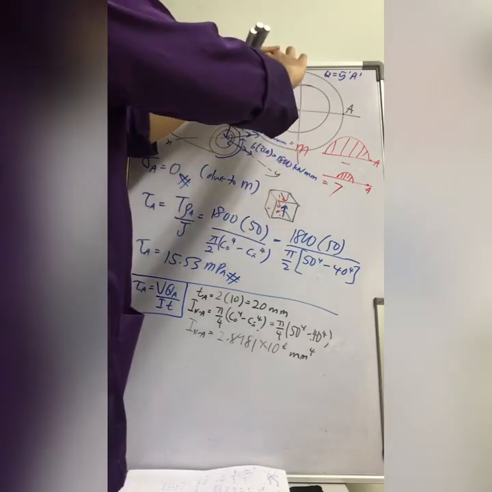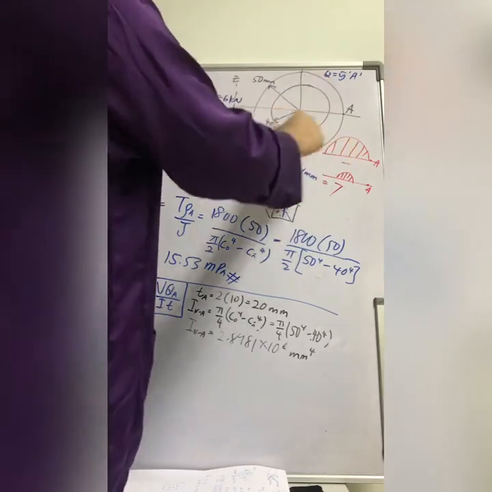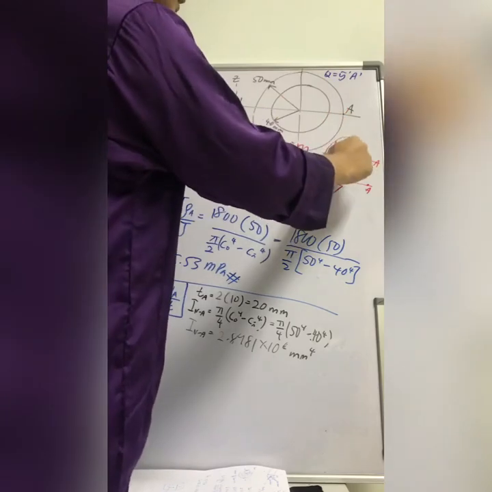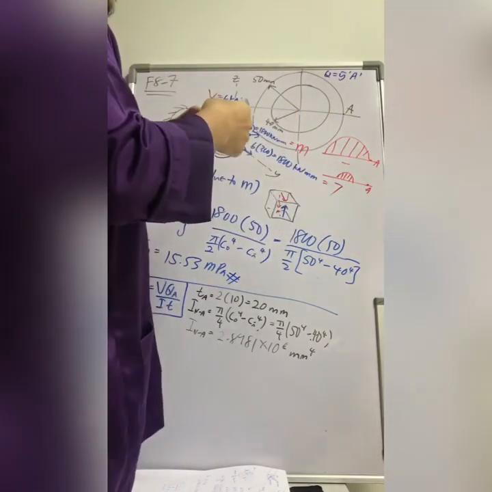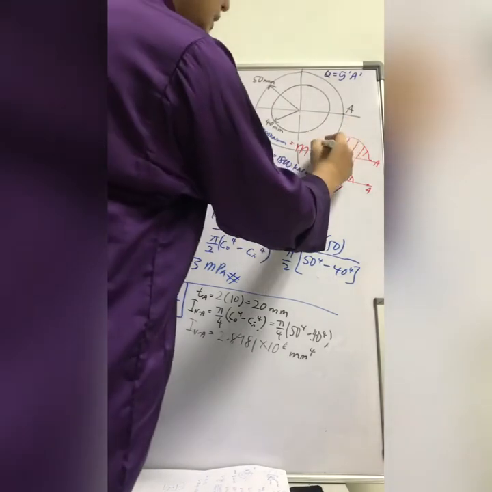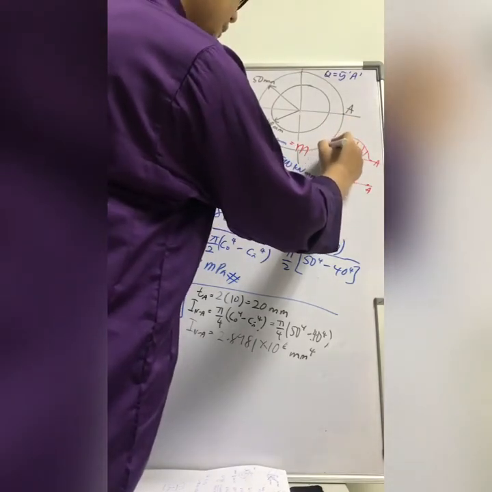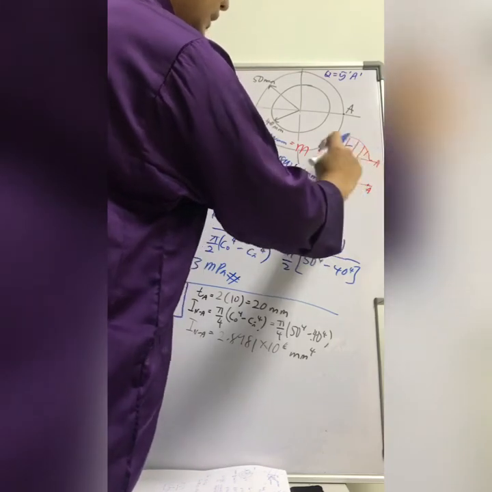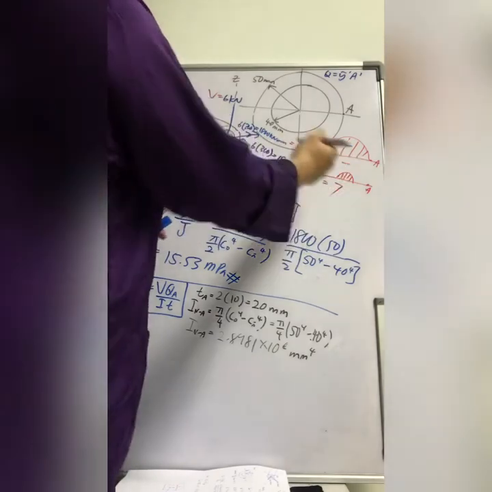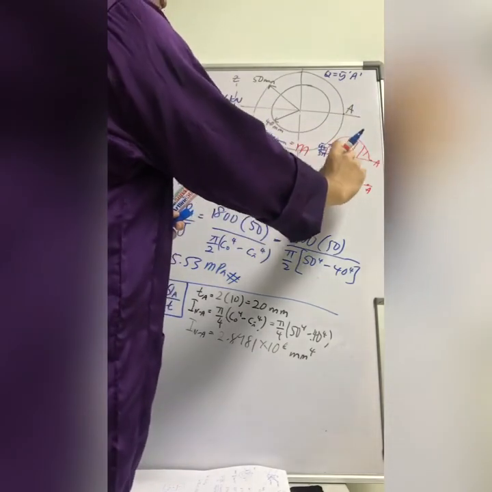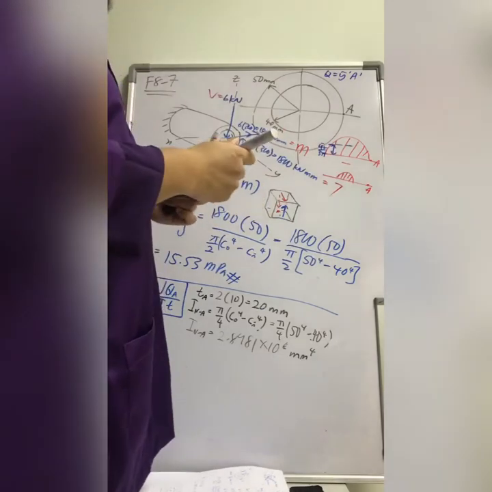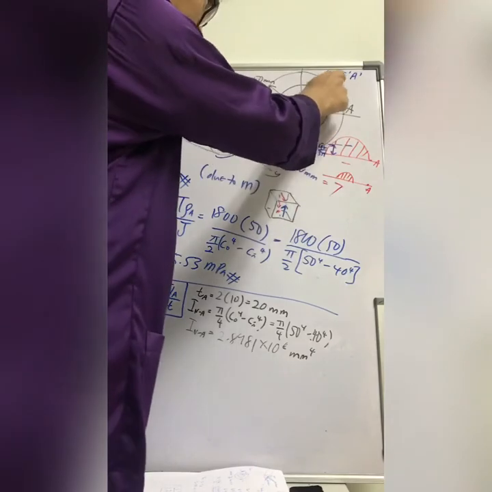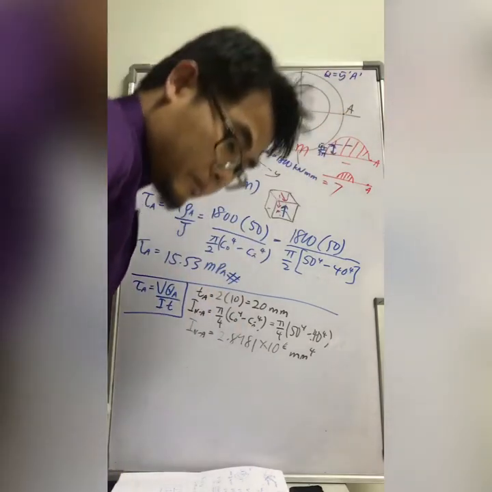For the circle, the centroid will be here, but for the semicircle, look at the table, your data sheet. It is 4r over 3 pi from this axis. Same goes to this one. Of course, this one will be this r, for this one will be this r. Check 4r over 3 pi, how to find the centroid of the semicircle.